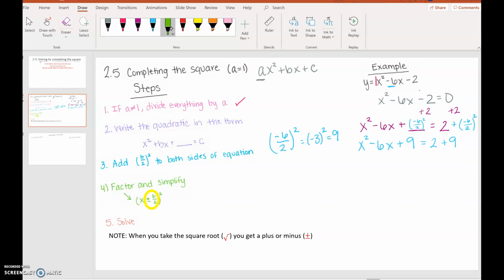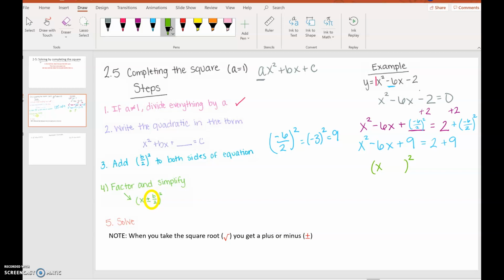So a really cool little trick to know is that whenever you factor this side right here, it's always going to be x, and then the sign in between is just going to be the sign here, so it's going to go down, and then it's the b over 2.